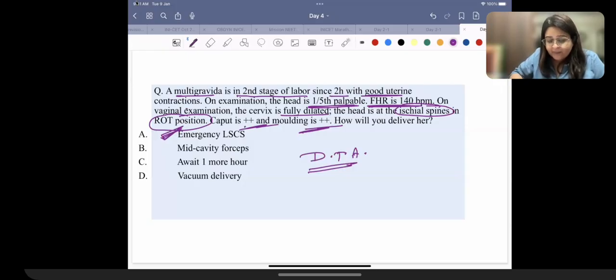Okay, remember if there was no caput and molding, then vacuum would have been a better option. But also remember that the head is 1/5 palpable. A golden rule of applying a forceps or vacuum is that the head should not be palpable per abdomen.